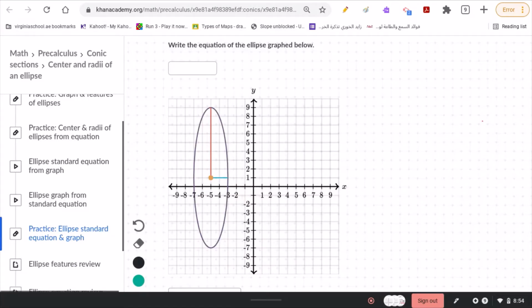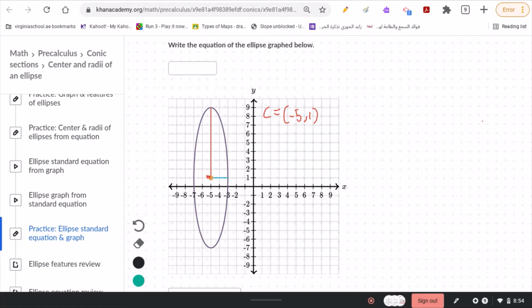Now we need to write an equation for that ellipse. So let's start with finding the center point, which is the orange point, and it is C equals -5 and +1, which is shown.